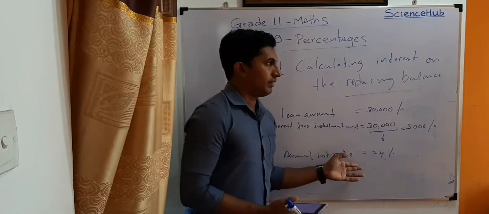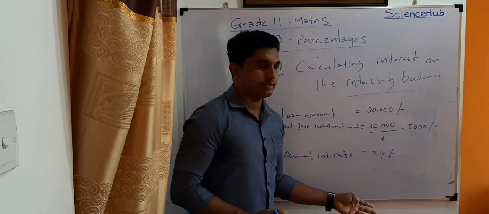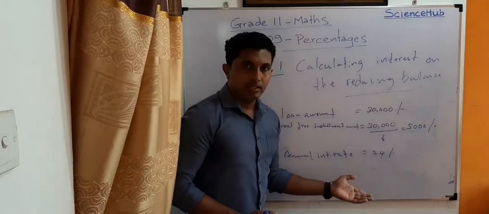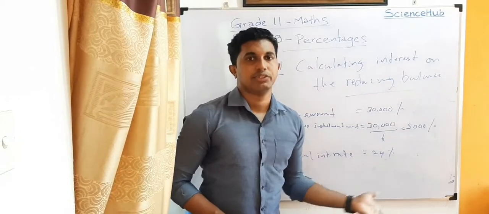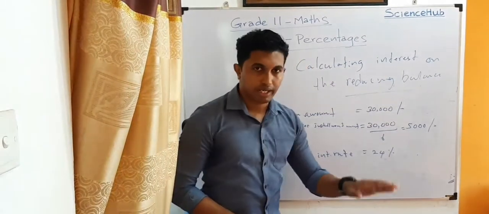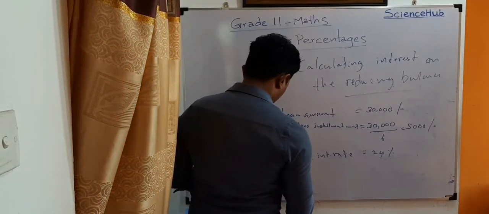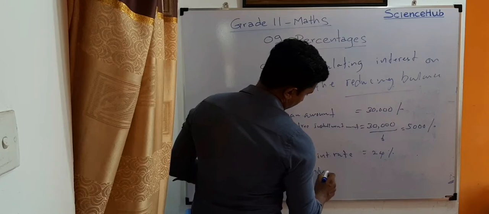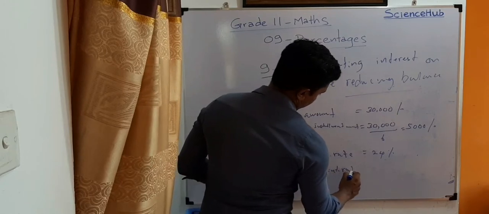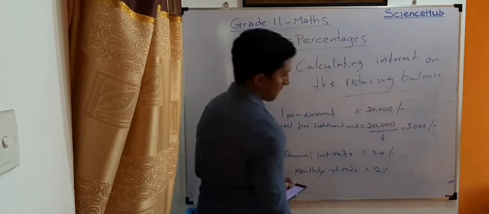Then if 24% is the annual interest rate, what could be the monthly interest rate? You have to divide this 24 by 12. Therefore the monthly interest rate is equal to 2%.